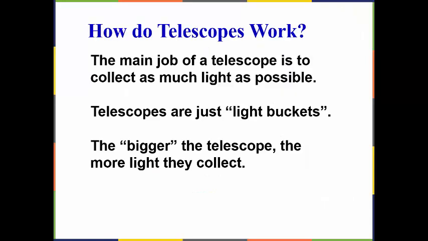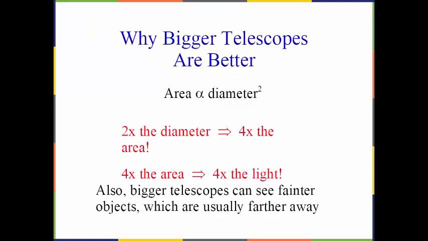So how do telescopes work? The main job of a telescope is to collect as much light as possible. Really, they're just buckets to collect light. The bigger the bucket, the more light you can collect. If we look at the area, it's proportional to the diameter squared.